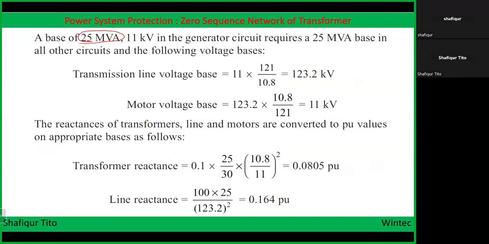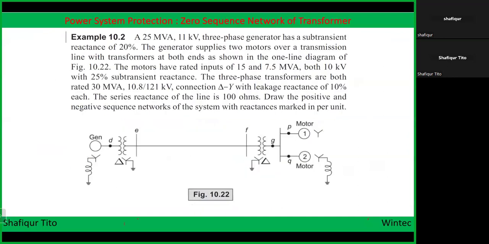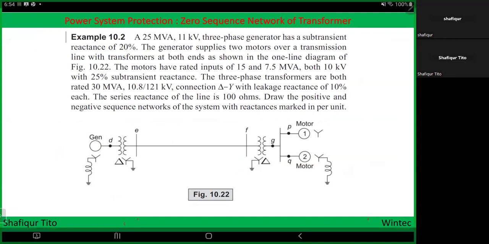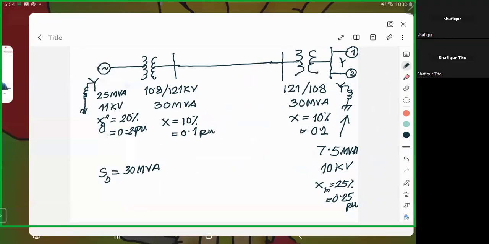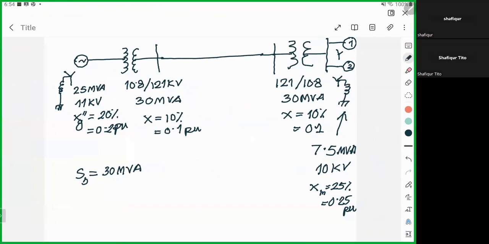For our case, as our general assumption for all the previous problems, we will take 30 MVA, and that will not change much of the concept of this exercise.